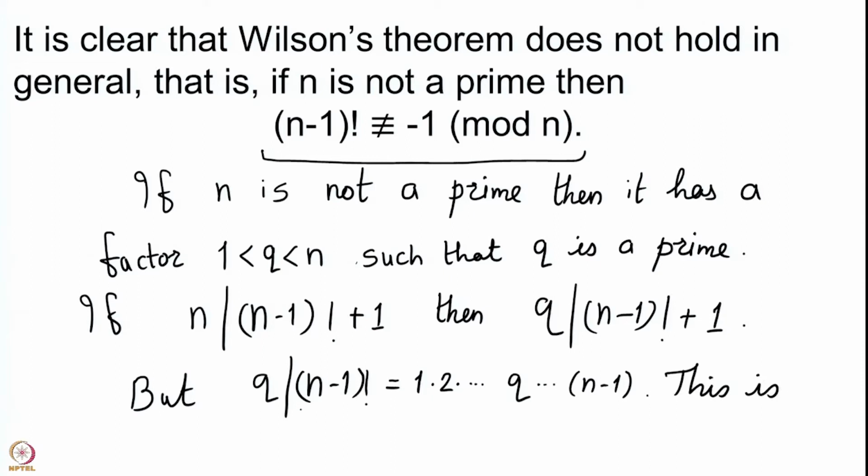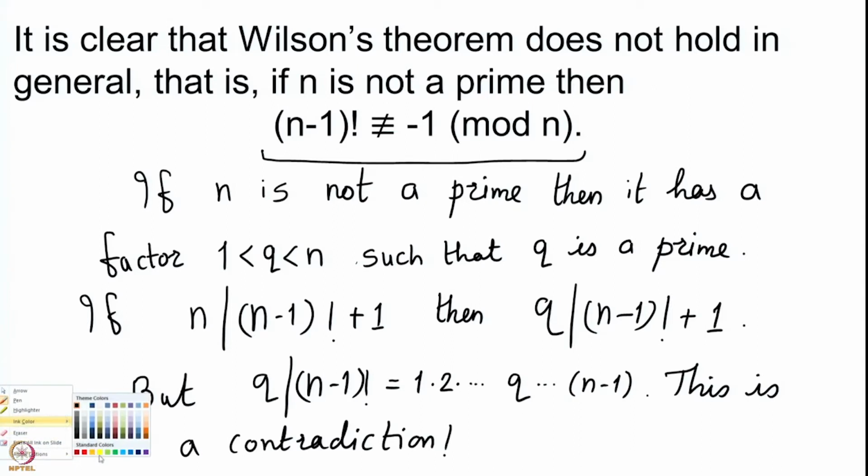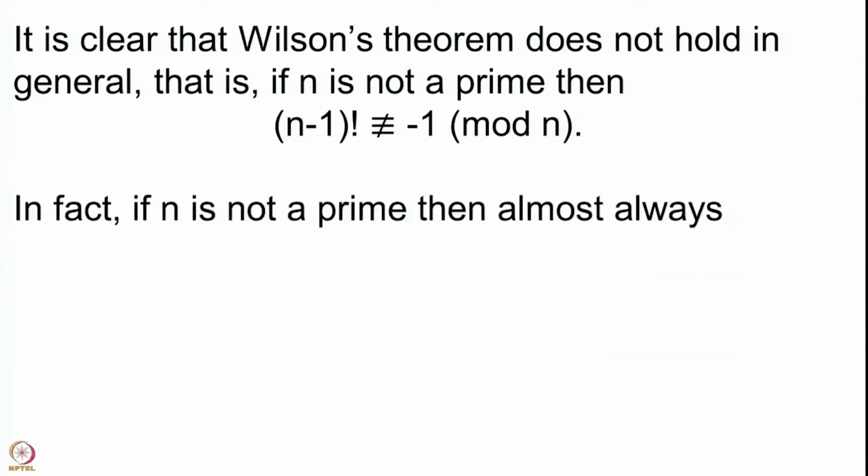You have that q divides (n minus 1) factorial and also that q divides (n minus 1) factorial plus 1, that cannot happen. So, on one hand you have this, on the other hand you have this, which is not possible. So, clearly whenever n is not a prime, we do not have Wilson's theorem, but in fact something more can be said.